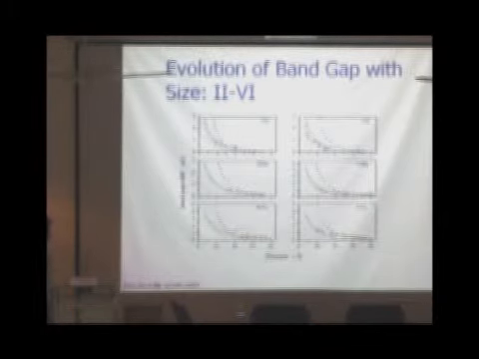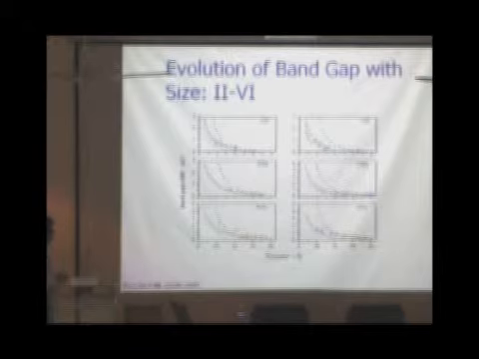So this was in 2004. Till then zinc telluride was not so much studied, but you can see that the black solid line represents the results of the tight binding calculation. The effective mass approximation, or the particle in a box method, is represented by the dotted line.